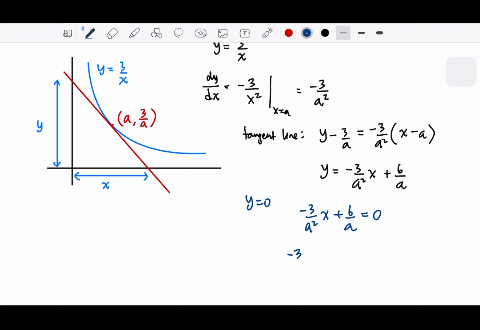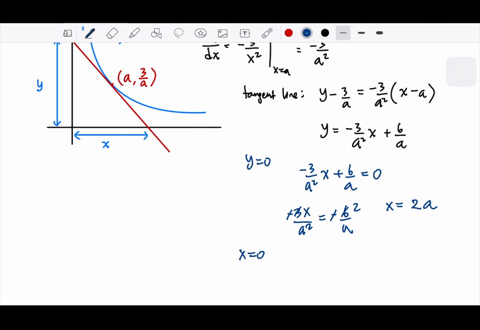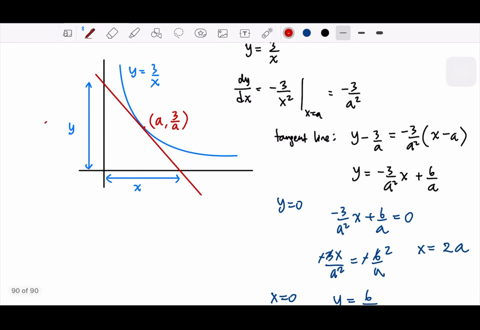So 3x over a squared is 6 over a, or we can cancel this. So x equals 2a, right? When x equals 0, y equals 6 over a. So we can write down that y is 6 over a and x is 2a.